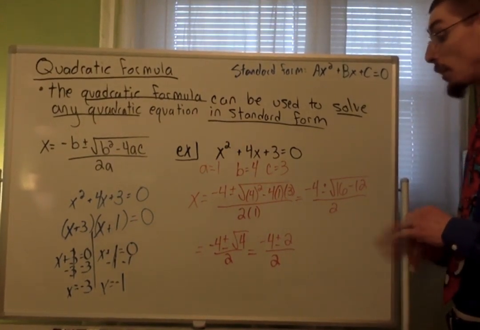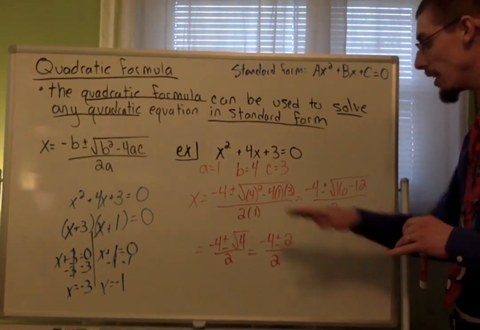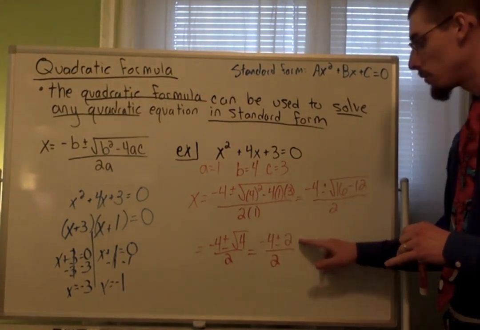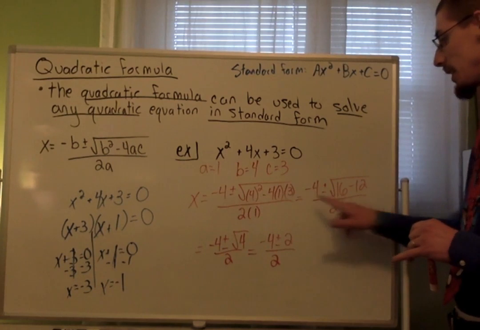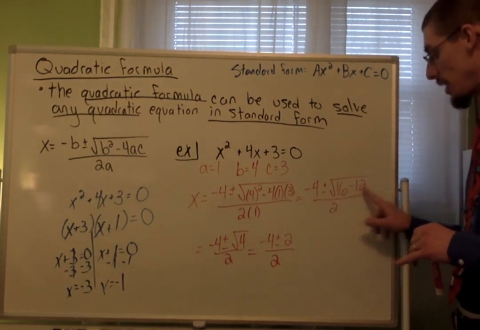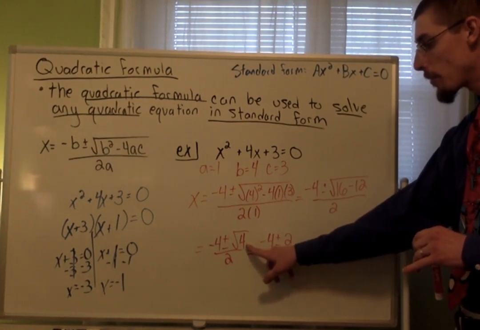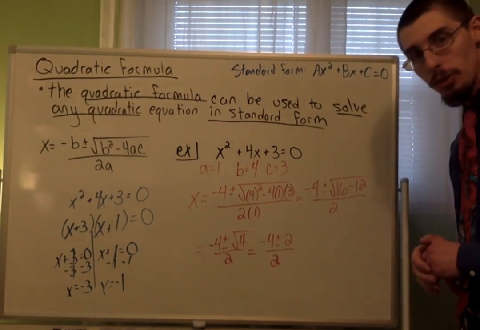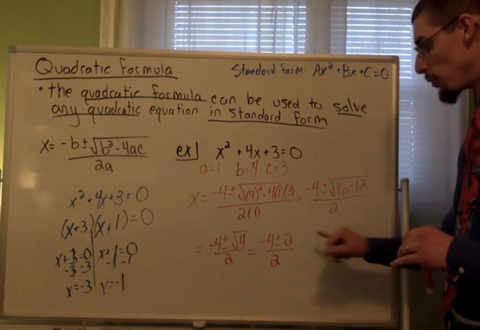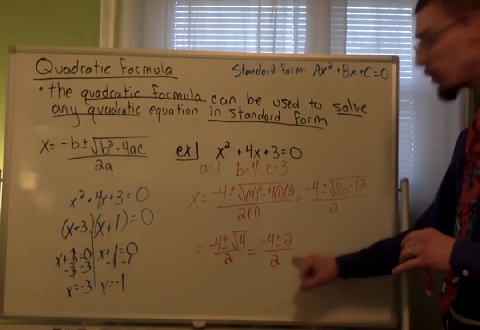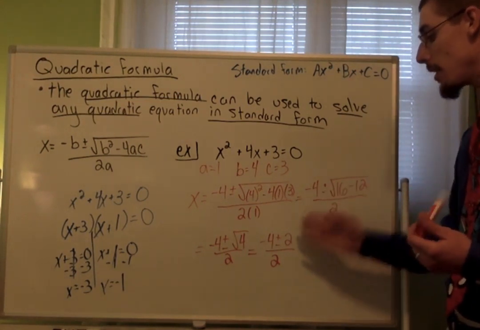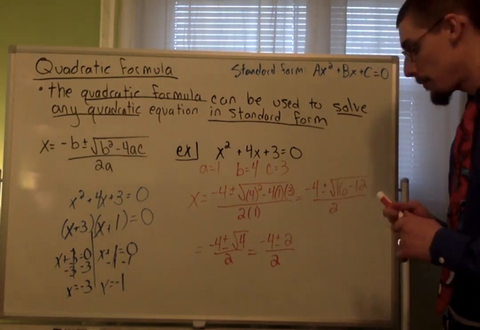Okay, so again, all I've really done is all the stuff under the square root, right? 4 squared is 16, 4 times 1 times 3 is 12. 16 minus 12 is 4. The square root of 4 is 2. Now, I really can't do anything else with what you're looking at, but I can split it up now.